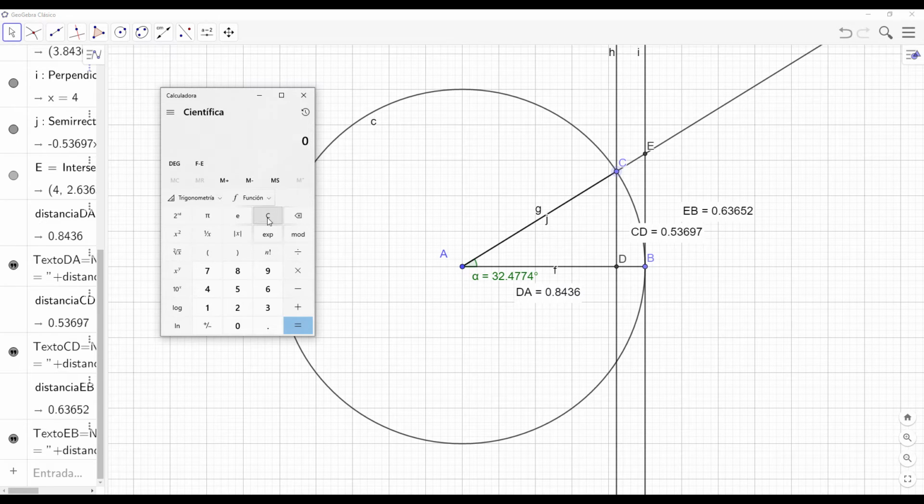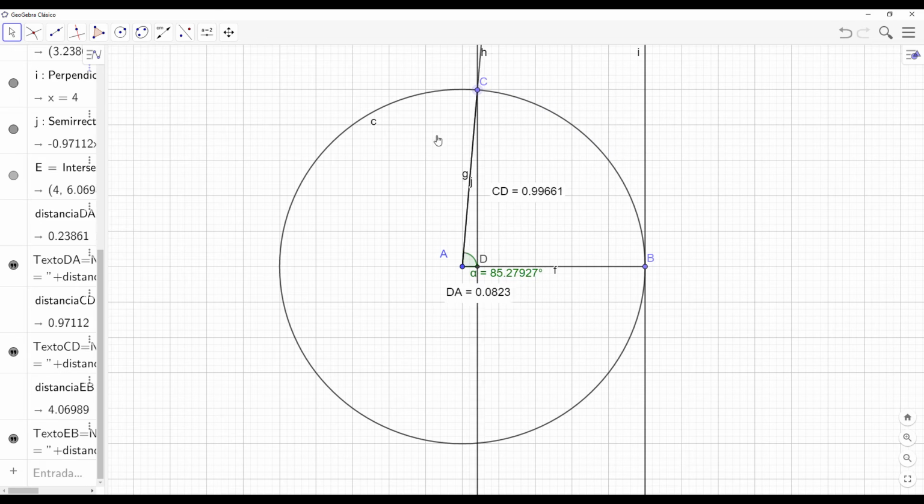You calculate the cosine of that angle, dot 8436. Dot 8436 is the cosine of that angle. If you calculate the tangent of that angle, you have dot 6365. This is the tangent. So this is the sine, cosine, and tangent of that angle.